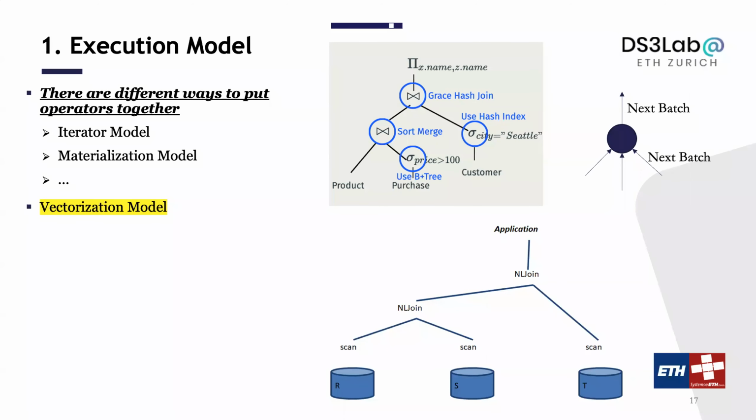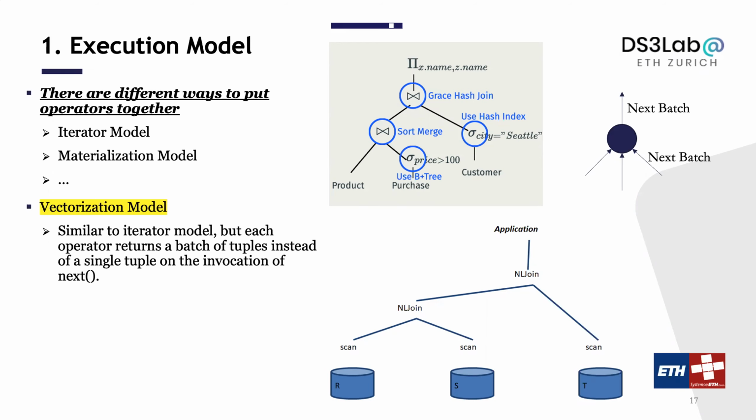So there are actually things in the middle. We talked about the iterator model, where each operator provides a stream of tuples, and I can only get the next tuple. We talked about the materialization model, where every single operator gives you all the results back. But there's something in the middle called a vectorization model, where instead of giving back the next tuple, it gives you back the next batch of tuples.